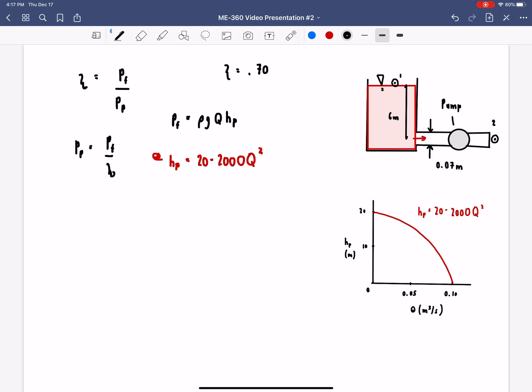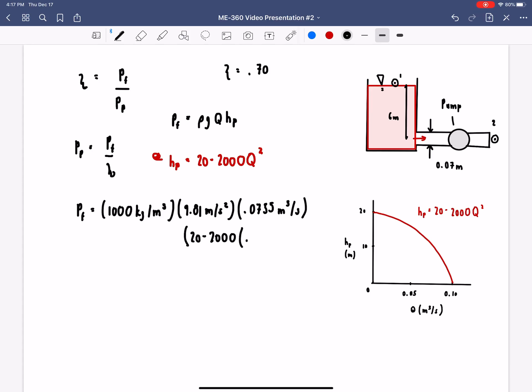So we have the power supplied by the fluid is equal to density of water, 1,000 kilograms per meter cubed, times 9.81 meters per second squared, times our volumetric flow rate, which is 0.0755 meters cubed per second, and that is also times 20 minus 2,000 times 0.0755 meters cubed per second, squared.